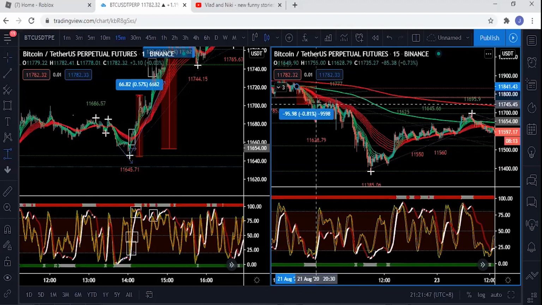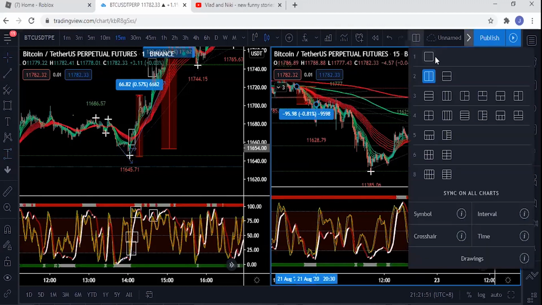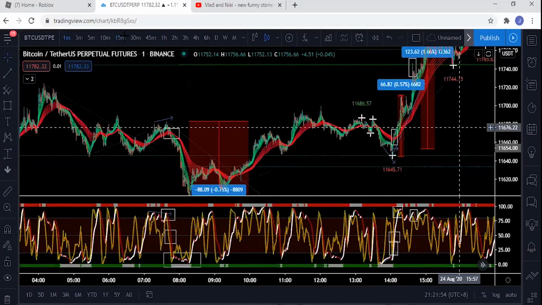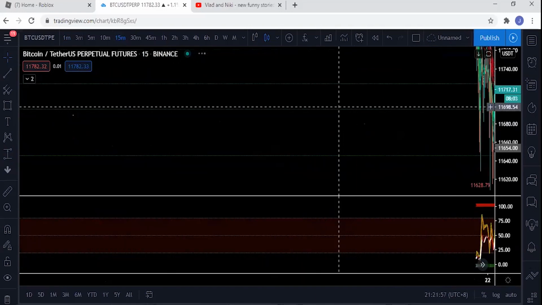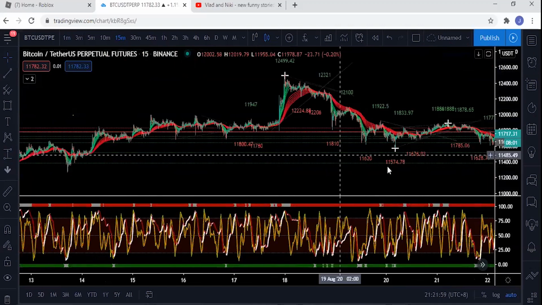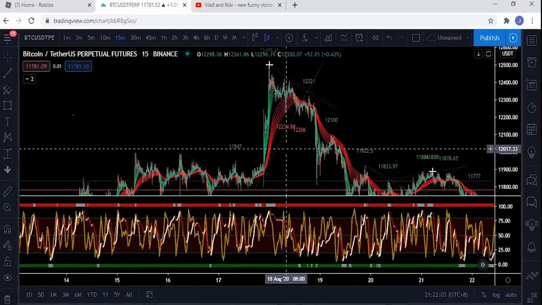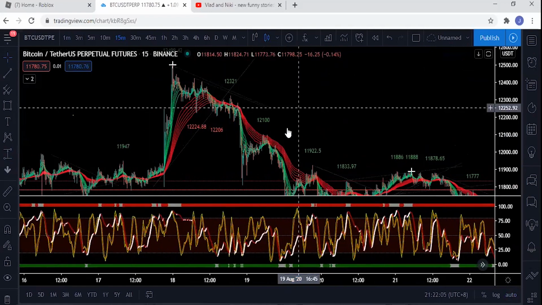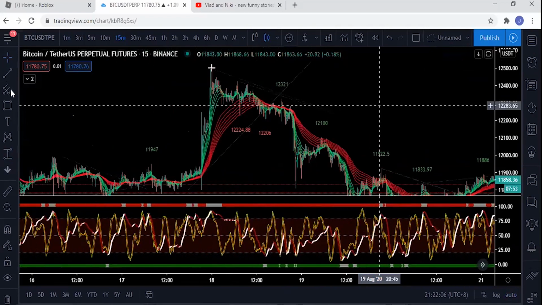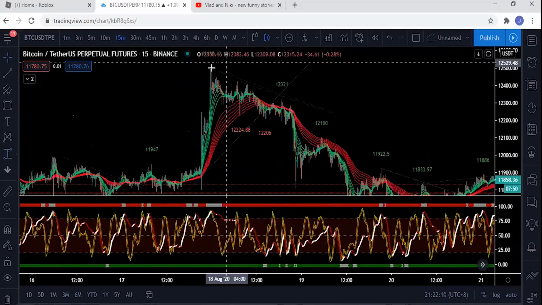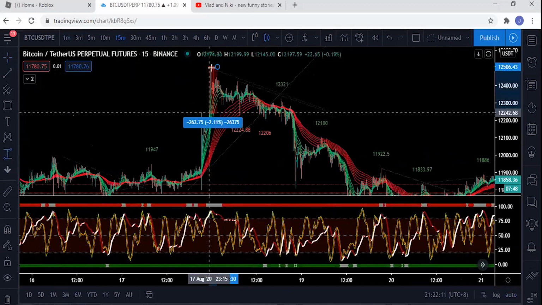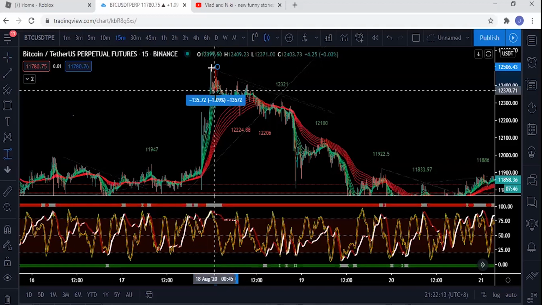Okay, another one, 15 minutes. In our price action, when you enter here and then you see a green candle, you can exit on our green candle.